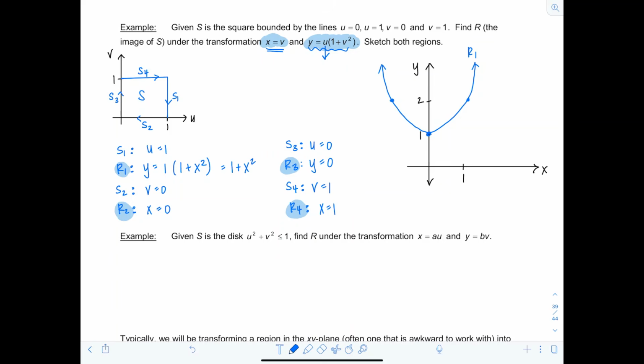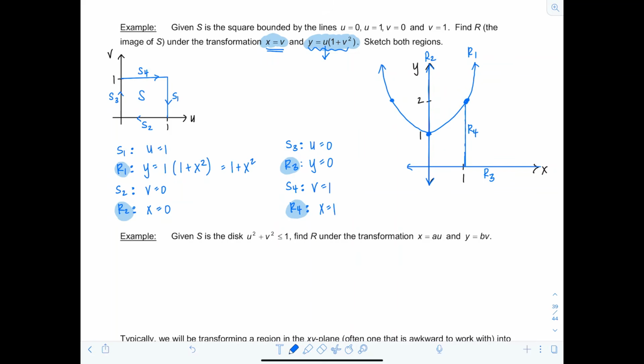R2 is x equals 0. Okay, so that means the y-axis is part of my boundary. That's R2. R3 is y equals 0. So the x-axis is part of my boundary. So this is R3. R4 is x equals 1. Okay, so that's R4.